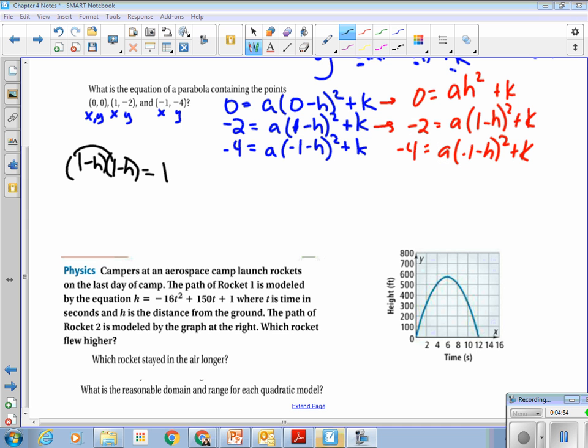So 1 times 1 is 1. 1 times negative h is negative h. Negative h times 1 is negative h, and negative h times negative h is positive h squared. So essentially this is 1 minus 2h plus h squared. So it is not the same as 1 minus h squared or 1 plus h squared. There is a middle term.